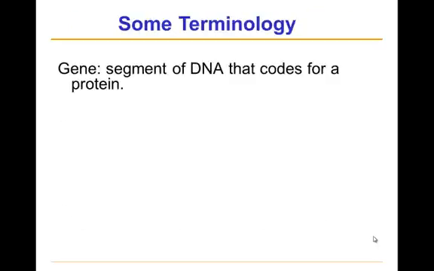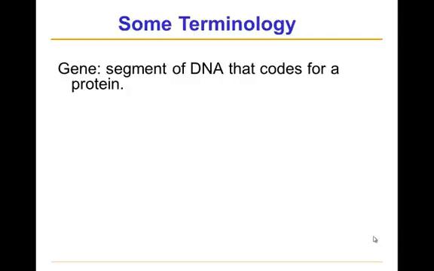Let's learn some vocabulary, some basic terminology. Understand that a gene is a segment of DNA that codes for a protein. So one chromosome is one DNA molecule, and one little section of that DNA molecule that codes for a single product is called a gene.